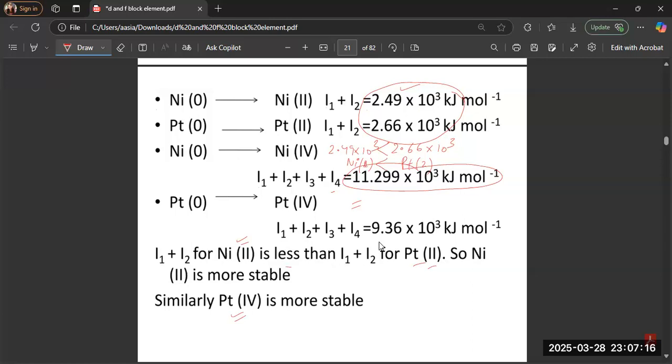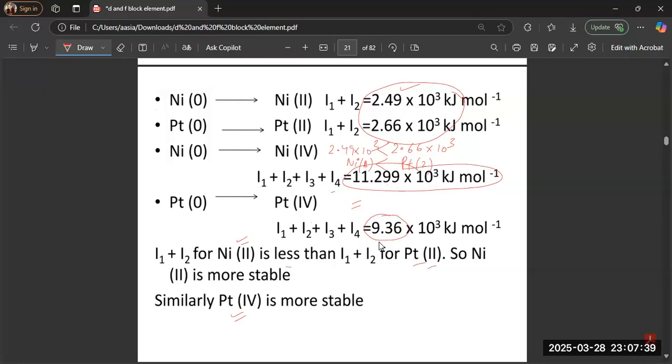Now compare these two, nickel +4 and platinum +4, right? So in this case, what will happen? Nickel +4 has an ionization enthalpy of 11.299, which is much more than that of 9.3936, right? So the one which has less ionization enthalpy is more stable.